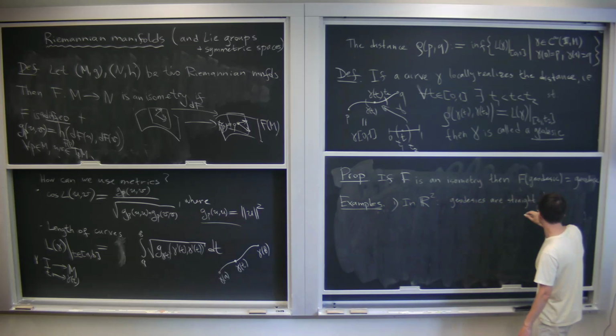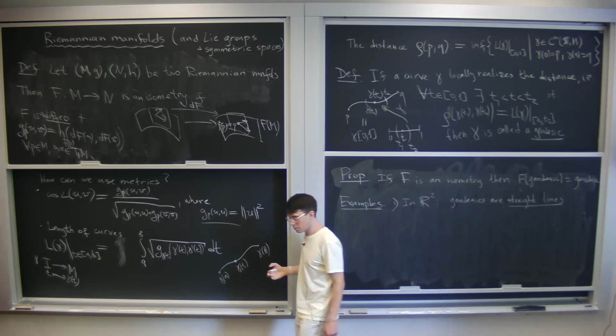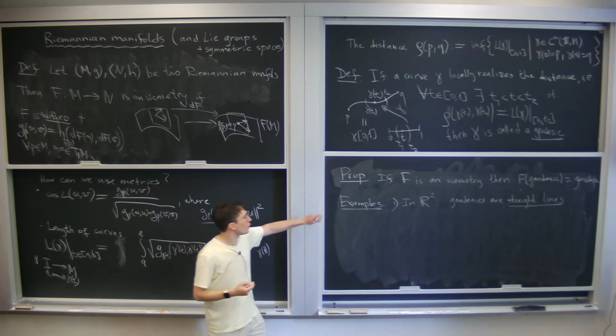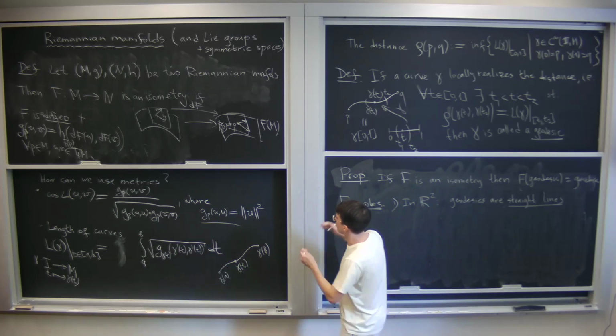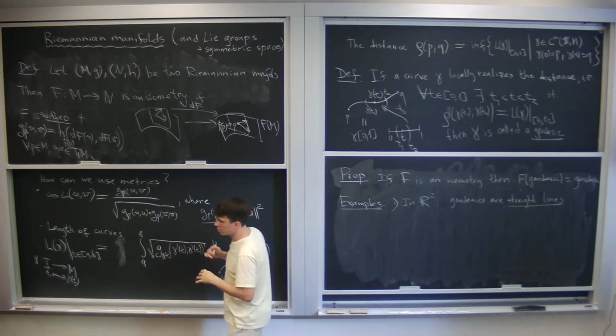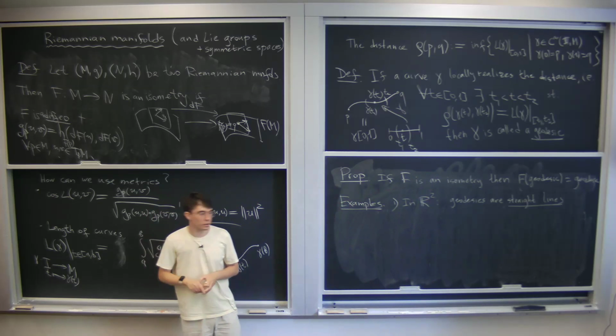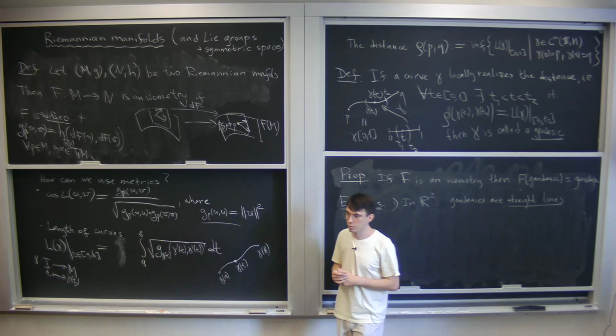It is a famous fact, but you can prove it on your own. One way to prove it is to write down the length of a curve explicitly, do some computations, and indeed see that only straight lines minimize the distance between 2 points.